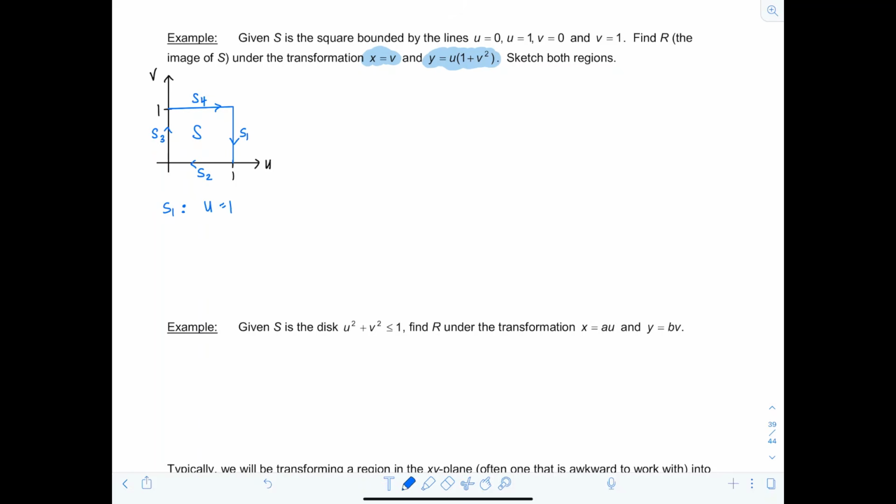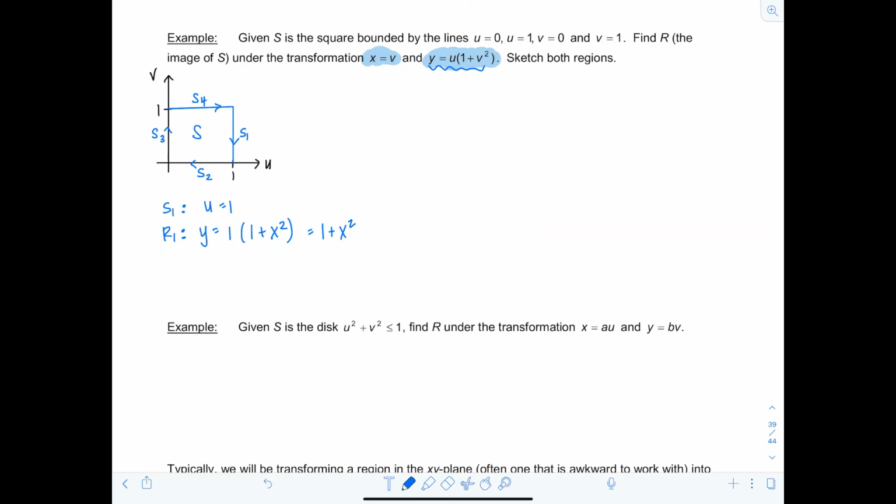So if I transform that to R1, to the boundary in the xy plane bounding my region R, let's see. Well, they tell me x is equal to v. That's not really relevant. But I could use the other equation, y equals u, which is 1, times (1 plus v squared). But I know v is equal to x, so 1 plus x squared. So this just gives me y equals 1 plus x squared.